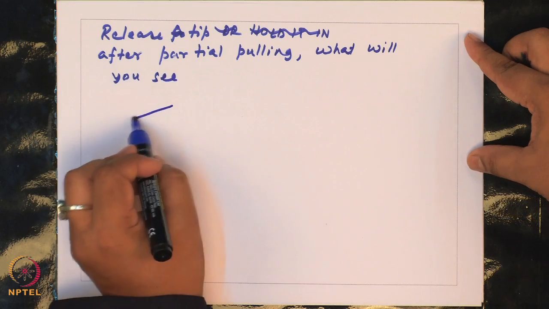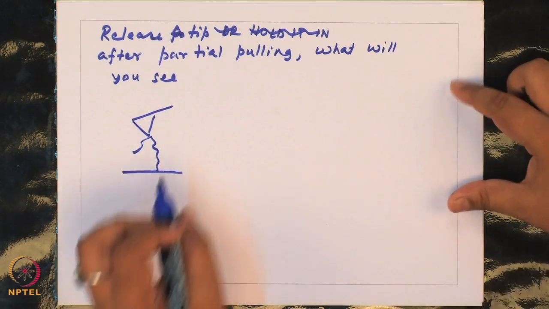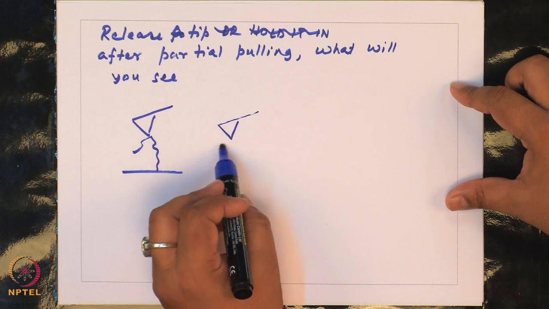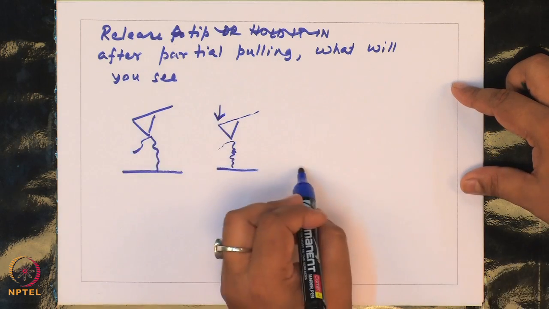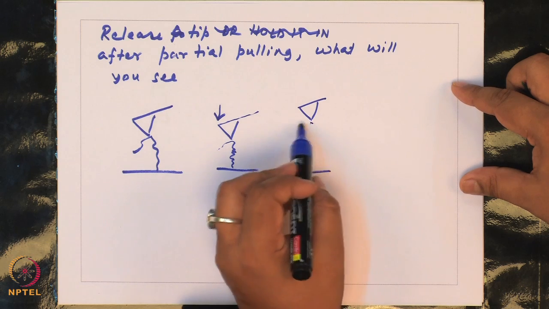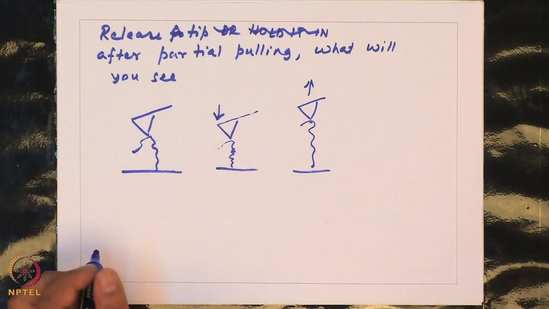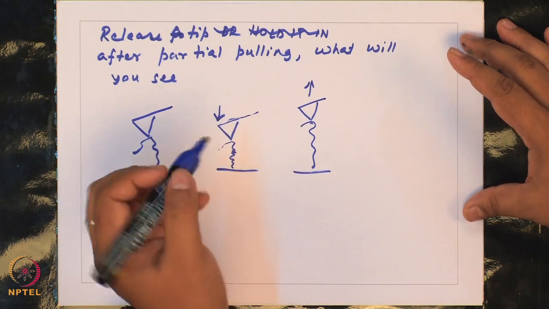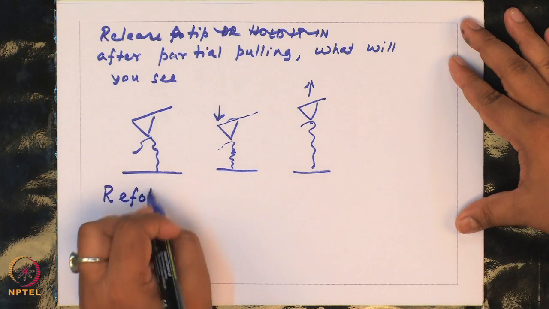Let us say this is a pulled configuration from this point, the tip goes down and then you again pull. What you are introducing is a time that allows, when you relax the tip and release the protein, the protein to refold.